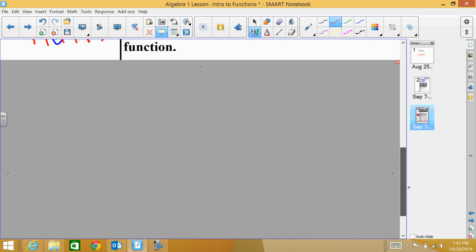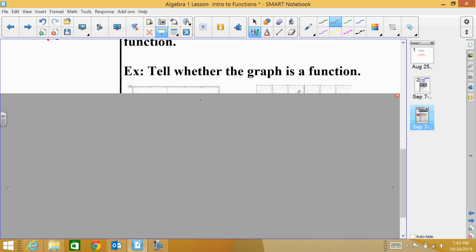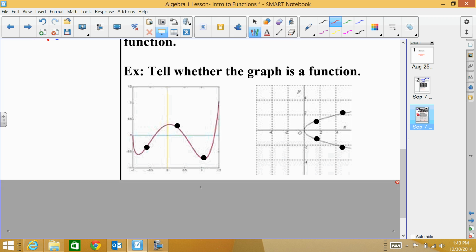So let's take a look at some examples, and you can do the vertical line test and tell me if these are functions or not. Just sketch a picture of what this looks like in your notes, and then do the vertical line test. Feel free to pause the video and try this, and then go over the answer with me and see if you are correct.